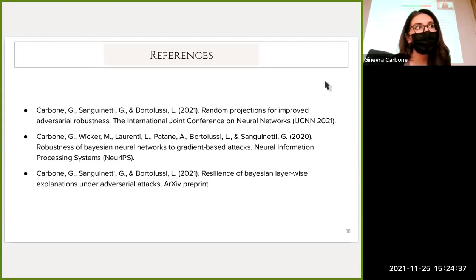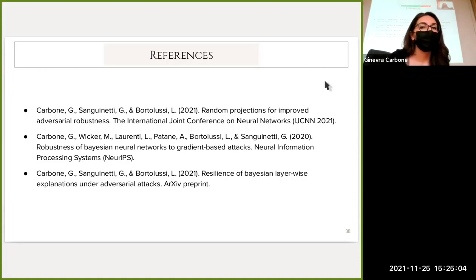For example, the observation we made about Bayesian neural networks in general is a very strong one. But the problem is that in the Bayesian setting, there are many problems from a computational point of view. So if you want to use them in practice, they are not really applicable right now.